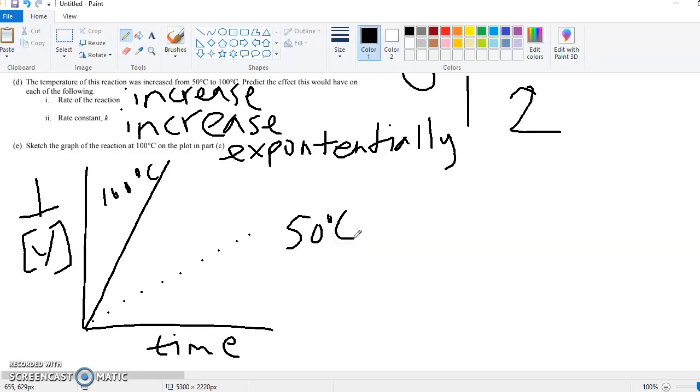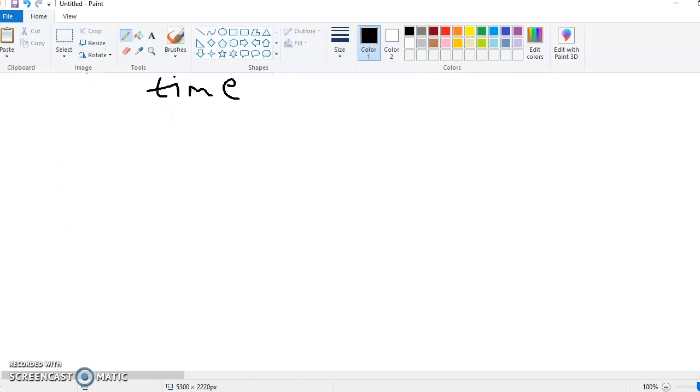All right, so we know it's going to increase, but what's the why? Why will it increase? So let's go back to when we talked about the ideal gas law and the kinetic molecular theory.